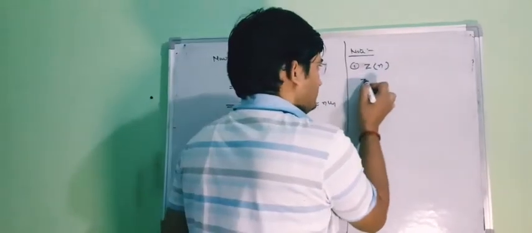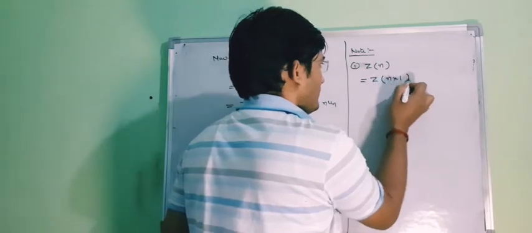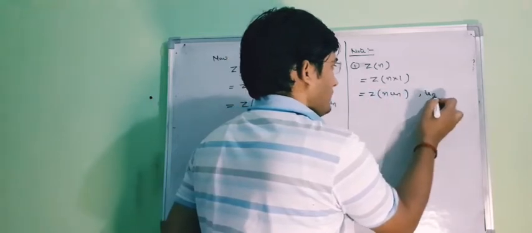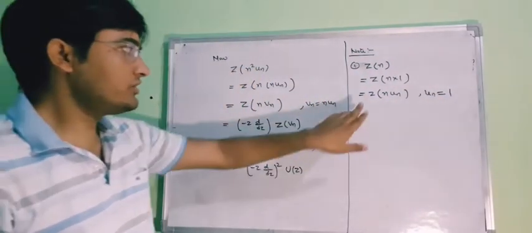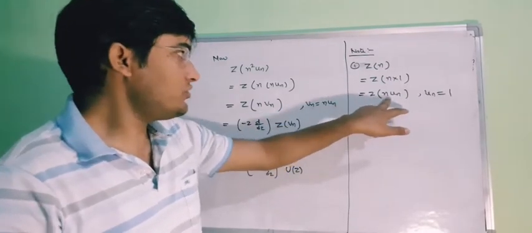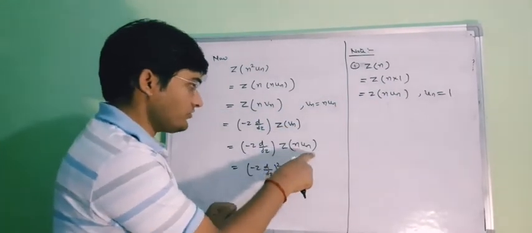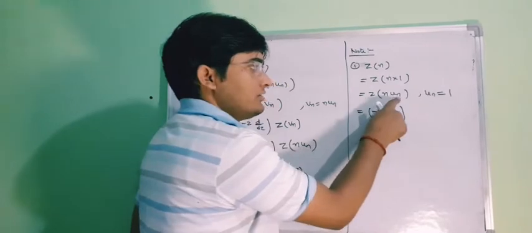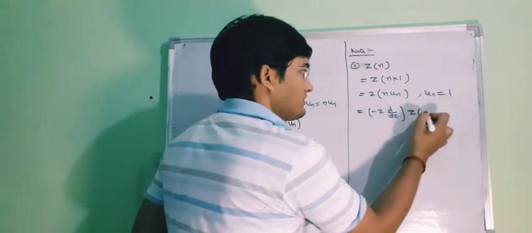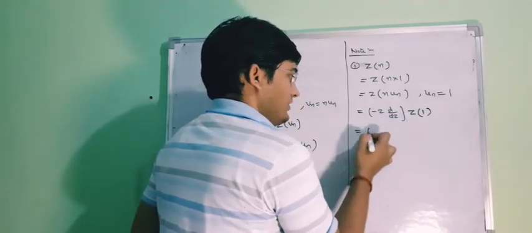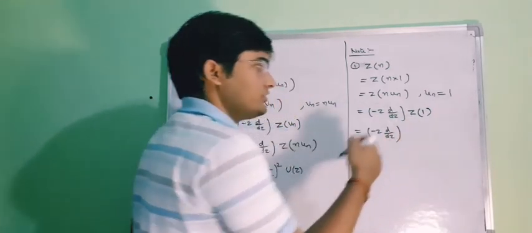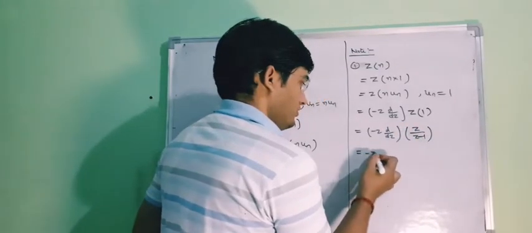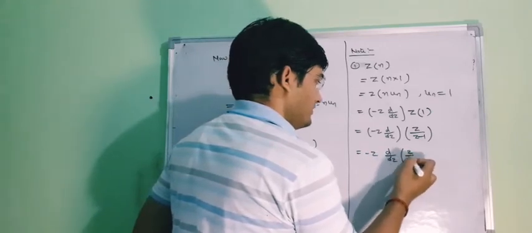This can be written as the Z transformation of n into 1, and if we assume this 1 as un, then this will be the Z transformation of n into un. The Z transformation of n into un was minus z d by dz of the Z transformation of un, that means the Z transformation of 1, and we have already given the formula for the Z transformation of 1, which was z upon z minus 1. So this will be minus z d by dz of z upon z minus 1.